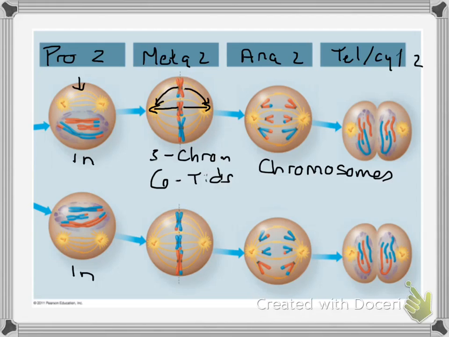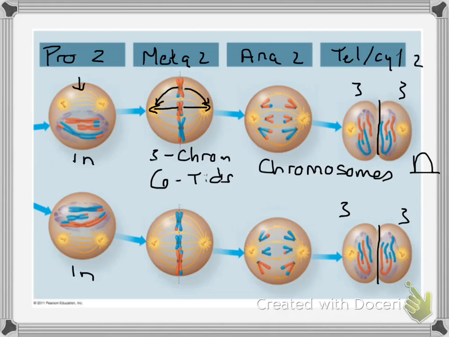3 chromosomes. As we split this, after telophase and cytokinesis are completed, we will end up with 4 cells, top and bottom, each with 3 chromosomes, 3, 3, 3, and 3, which is our haploid number. So we end up with 4 haploid cells.